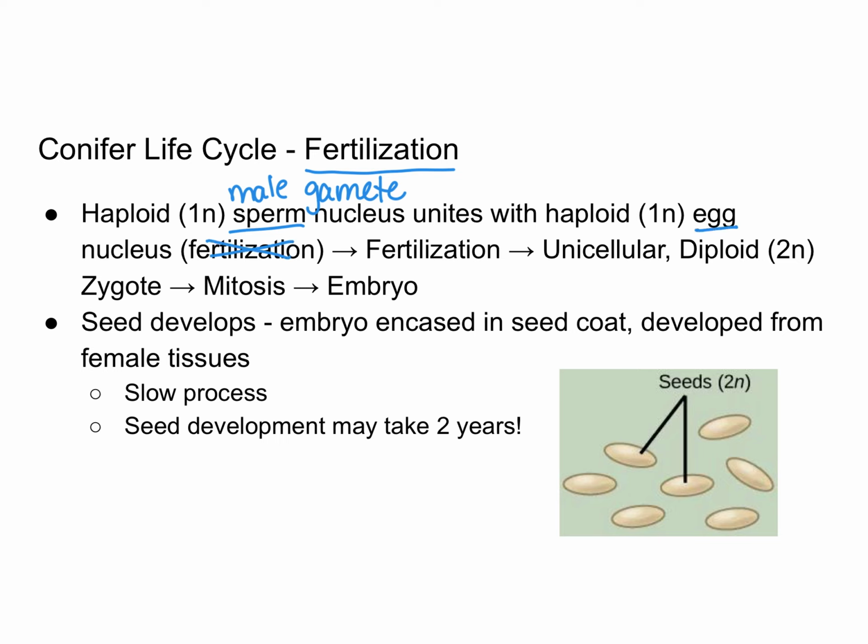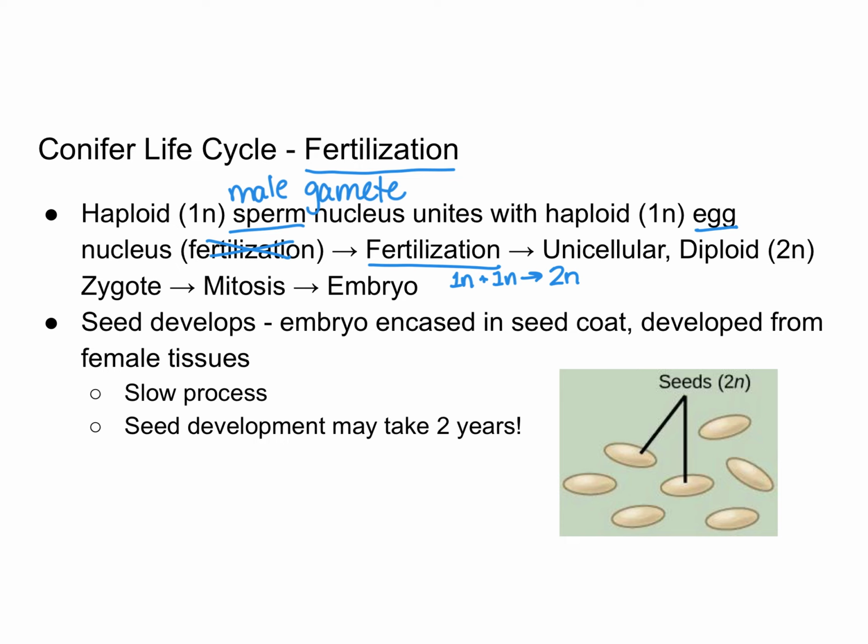So essentially with fertilization, you are taking a haploid nucleus, fusing it with another haploid nucleus in order to form a diploid nucleus in a single cell.